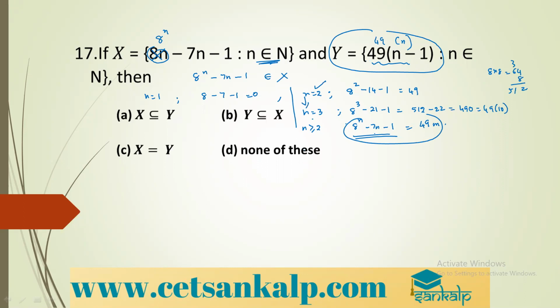In set Y, multiples of 49. Is that okay? So all the elements of set X are present in set Y, because in set X you have multiples of 49, and in set Y also you have multiples of 49. So I can say X is a subset of Y.